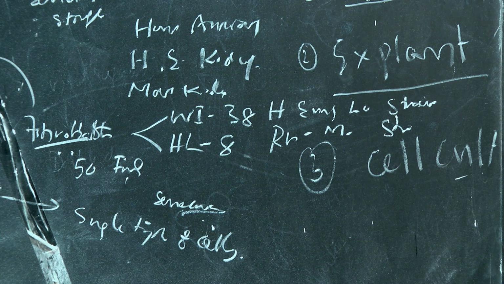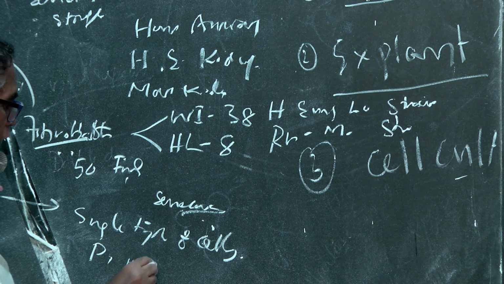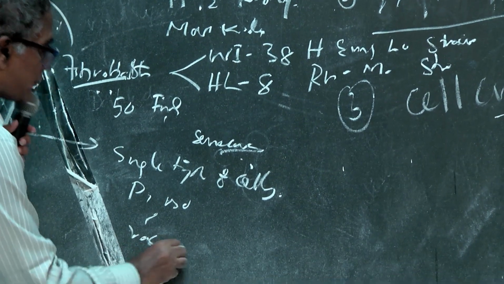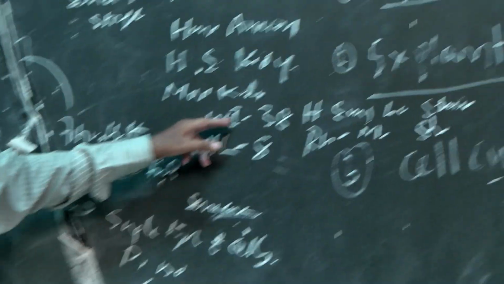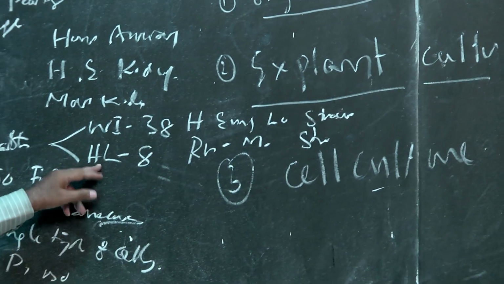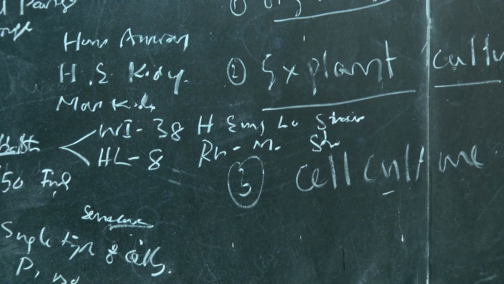Further, these cells retain the original diploid chromosomes and karyotyping up to 50 passages, and this is also used, similar to the primary cell cultures, for primary isolation and also for vaccine production. The examples include WI38 human embryo lung strain or HL8 rhesus monkey strain.